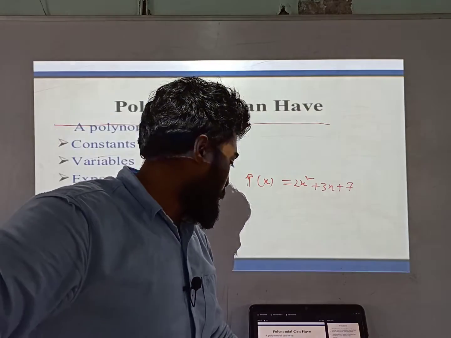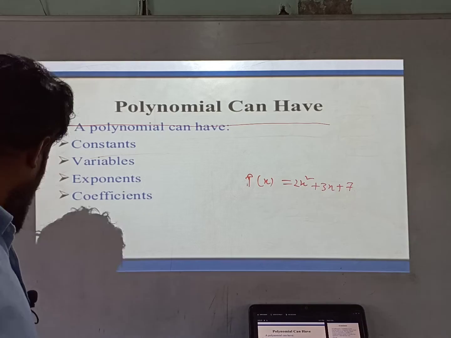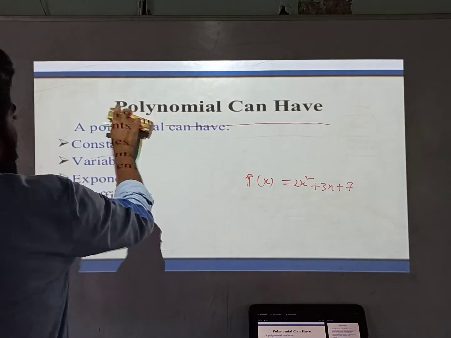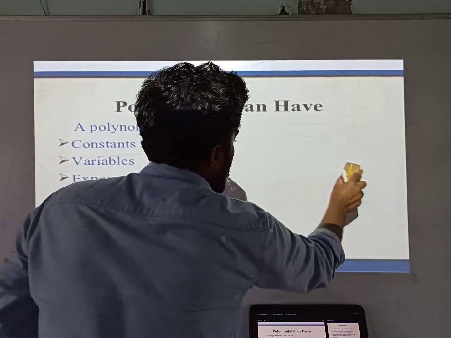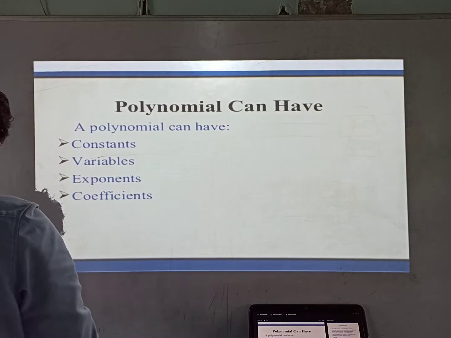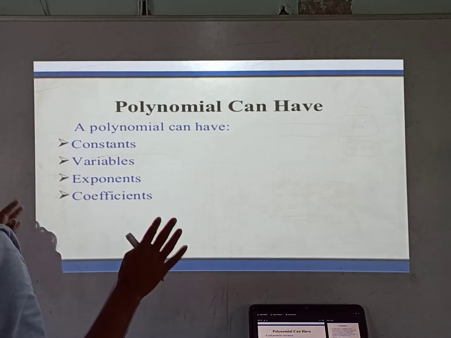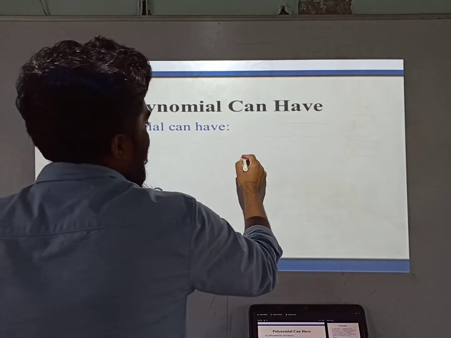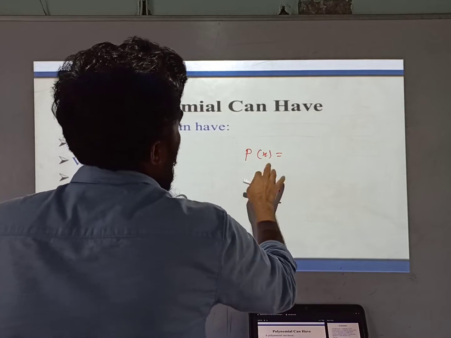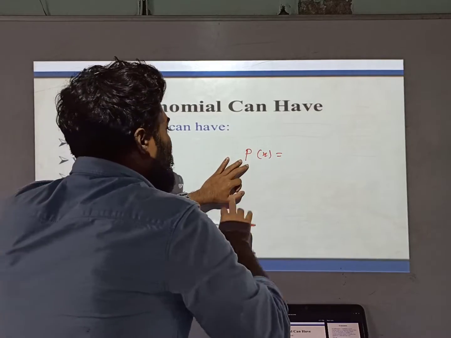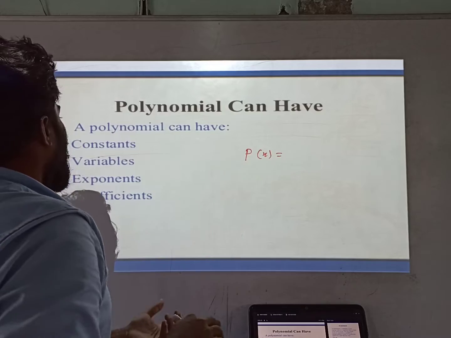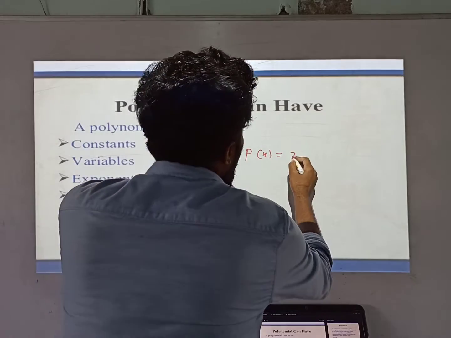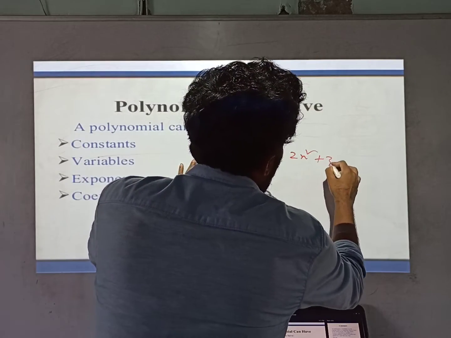Next, what are the components of polynomial. This slide talks about the components of polynomial, meaning polynomial is made out of these 4 components. Let us consider an example, and through that I will make you understand. For example, 2x square plus 3x plus 7.